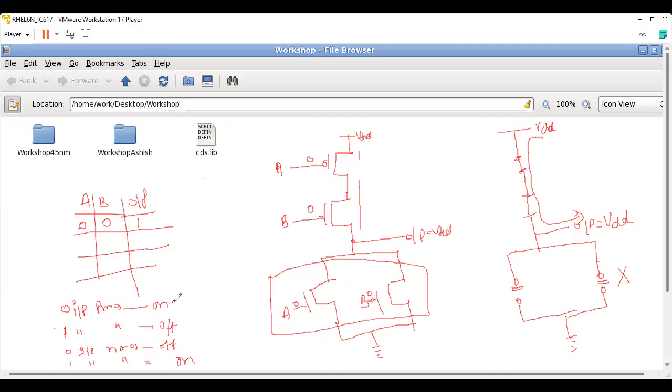And on means short circuit, off means open circuit, right? So when I make A and B 0, 0, both PMOS become short circuit. Short circuit means this will behave like a complete wire.